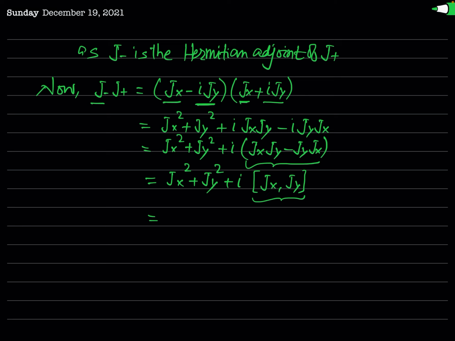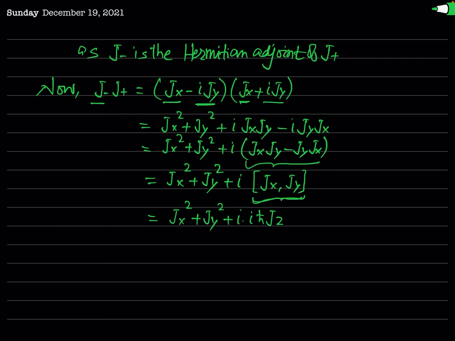So replace this commutator by i h bar Jz, and our result will be Jx square plus Jy square plus i times i h bar Jz.